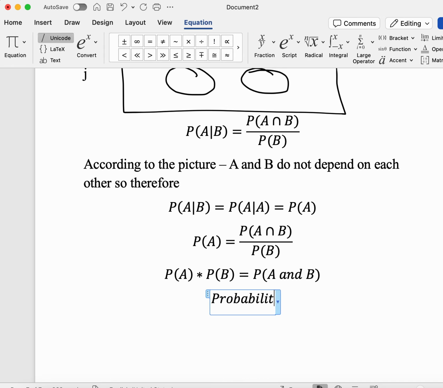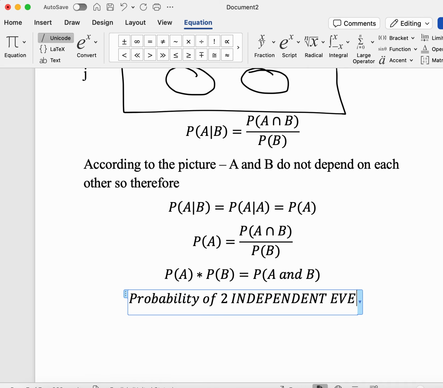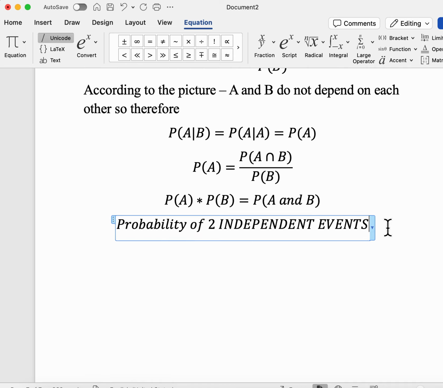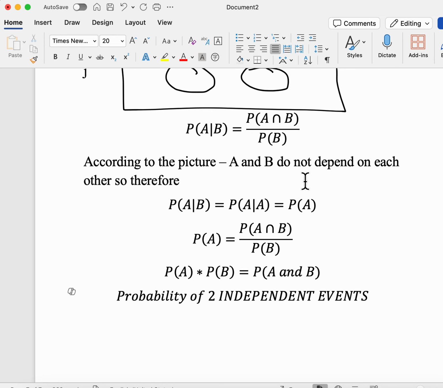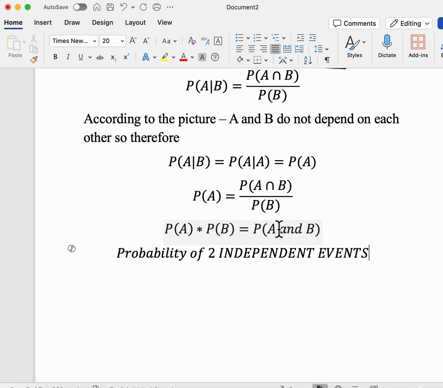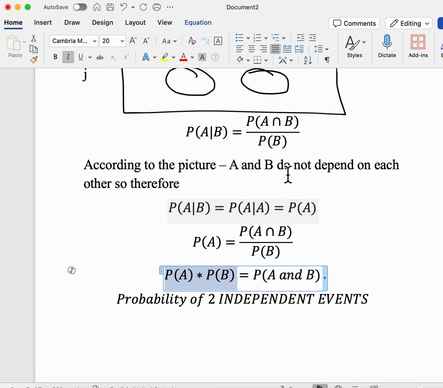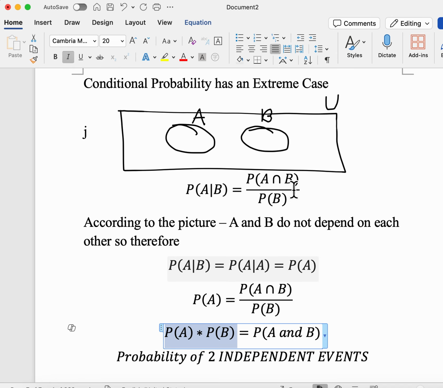This is the probability of two independent events. It is a special case of probability, which is basically how you see that and is analogous to multiplication probability. But this only works in a special case, if the events are independent. They don't depend on each other.